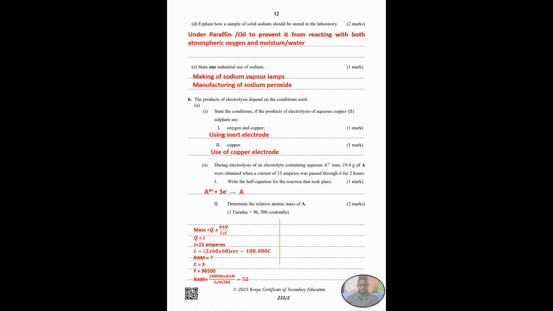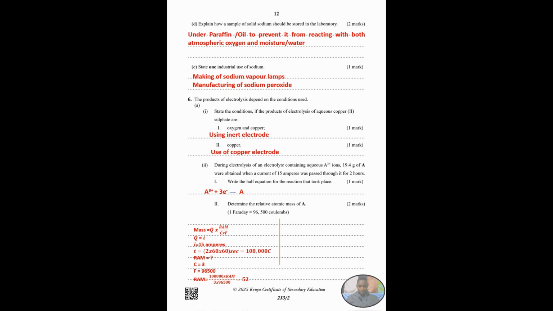It is 2 times 60 times 60, equivalent to 7,200. Take note of that. Once I get 7,200, I don't have the RAM, take note of that. The C is 3 because it is 3 positive, and F is 96,500.